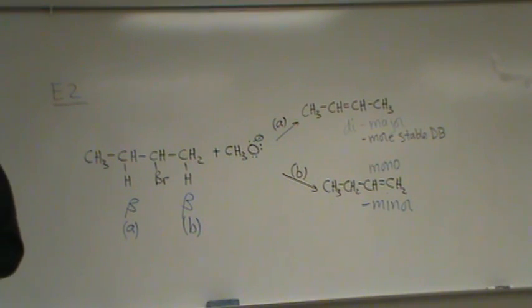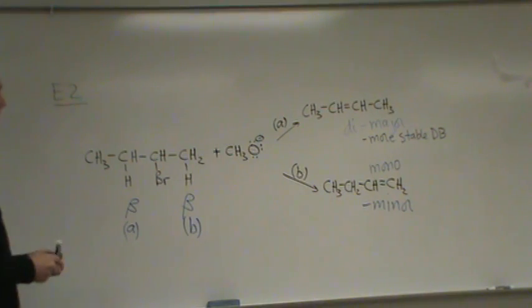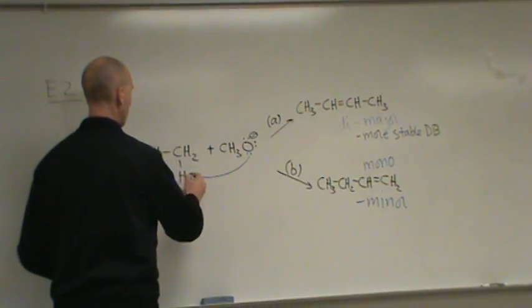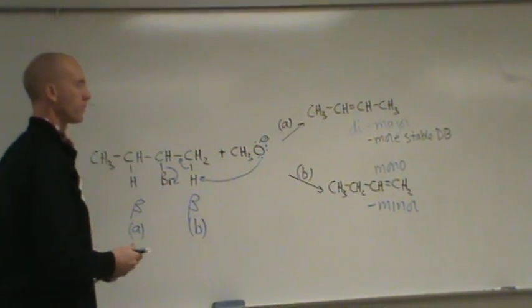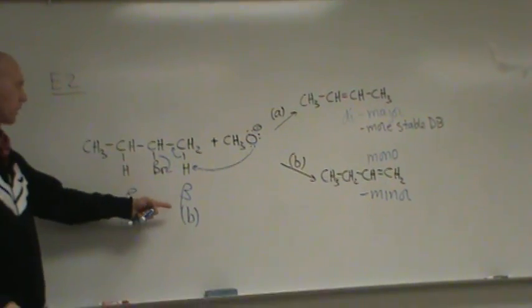The process of doing E2 is the same as doing SN2, like the nucleophile attacking and everything. So the nucleophile is attacking a beta hydrogen. So that was for the B attack.